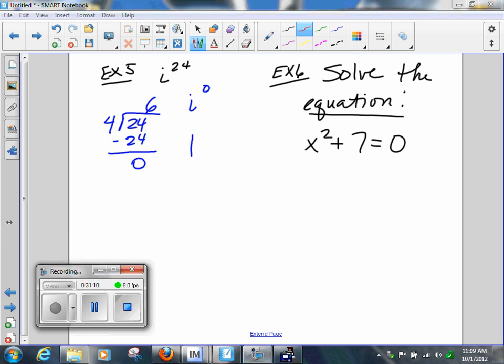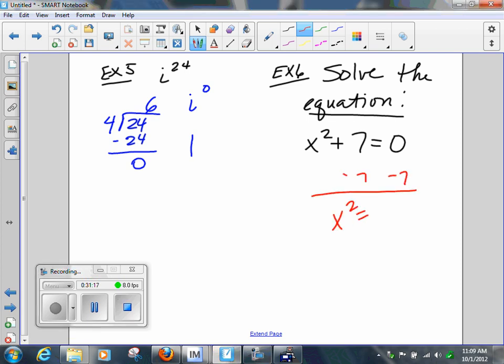Before then, what will I do? Minus 7. Minus 7, I get x squared is equal to negative 7. What do I do now? Square root of both sides. And then, Dylan, what am I going to do? Take out the i. And don't forget, how many answers am I going to have? 2 answers, plus minus, right? i root 7.